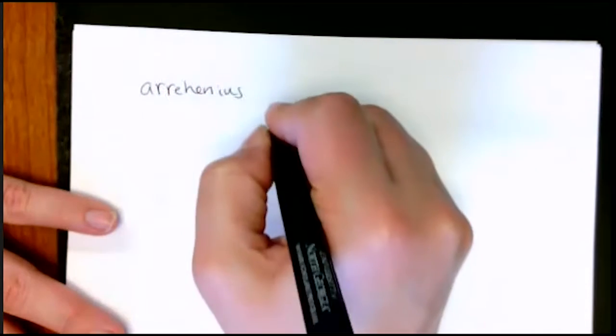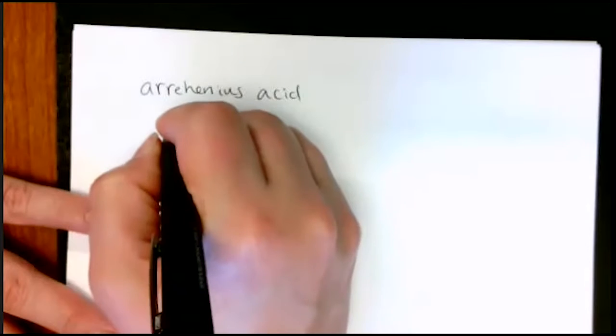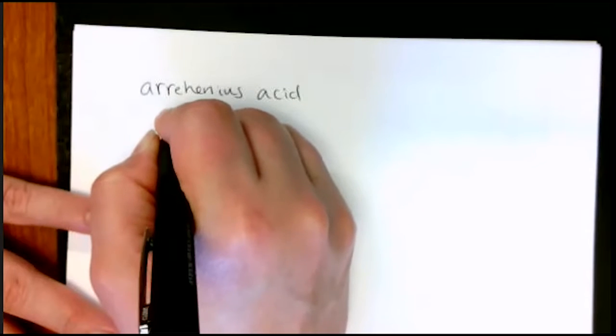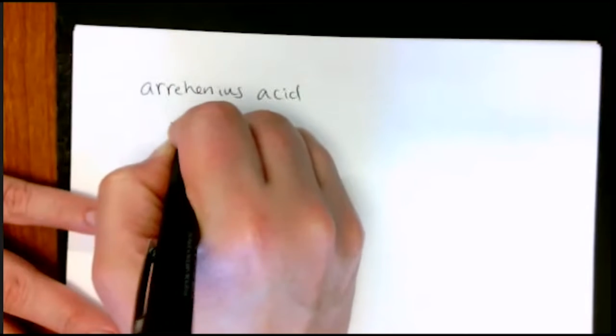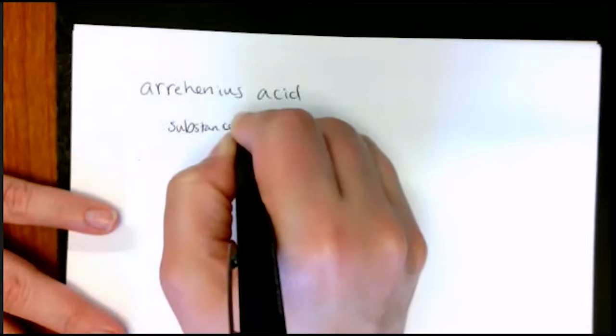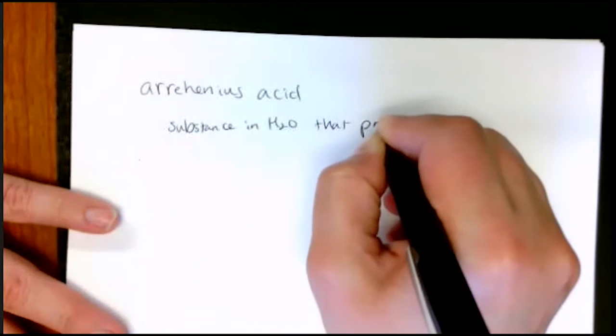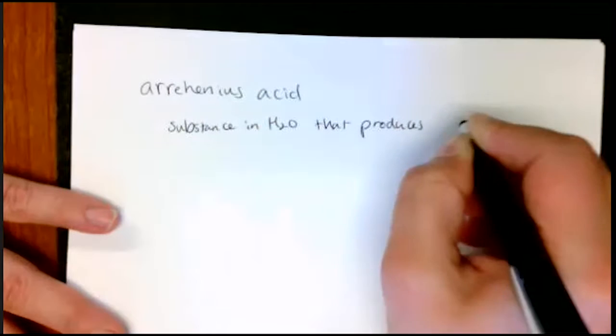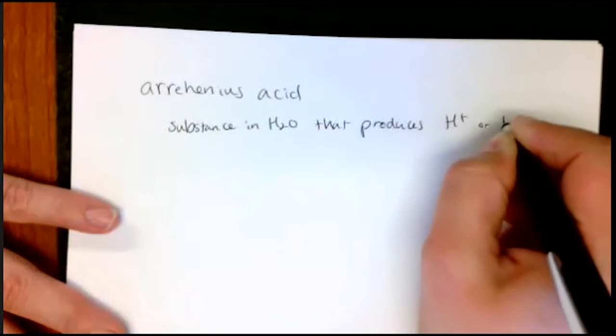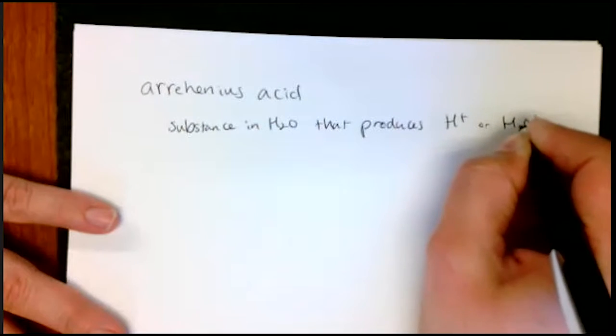So if we're talking about an Arrhenius acid, it's a substance in water that produces H plus or H3O plus.